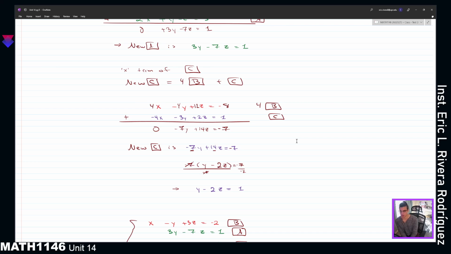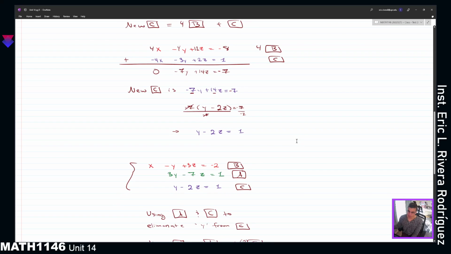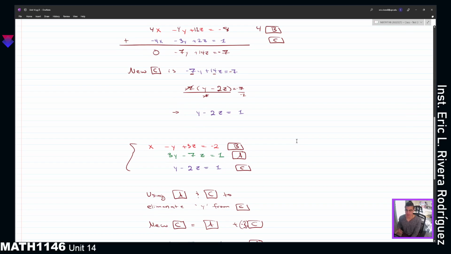There was my mistake, where I put positive 7 instead of -7 as the result here. Because there is a common factor, 7, I simplified equation C. So the new equation C is now y minus 2z equals -1.